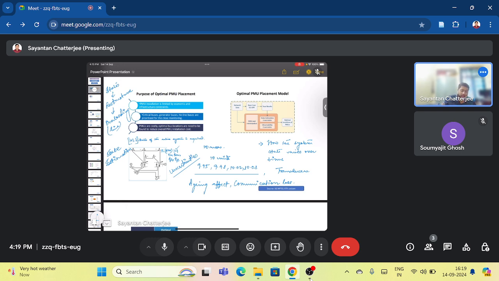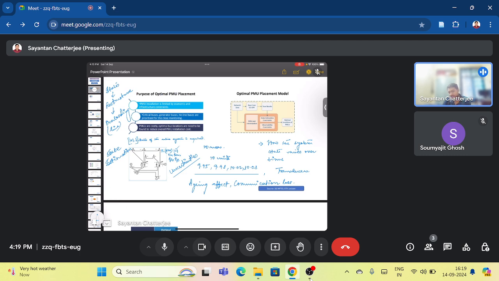Now the cost of PMUs, as we all know, is very high. For the transmission system itself in the Indian context, it is not at its higher stages.